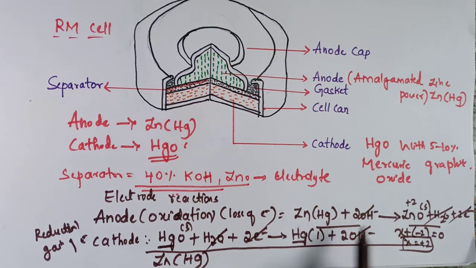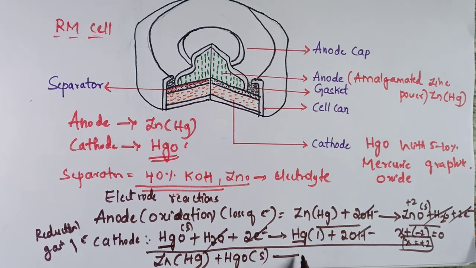See, on the reactant side we are only left with Zn, and in the cathode reaction, that is the reduction, only HgO remains, that is HgO solid, and nothing else. That means water is cancelled, 2 electrons are cancelled, and 2OH minus also cancelled.